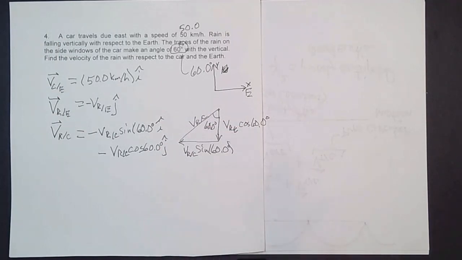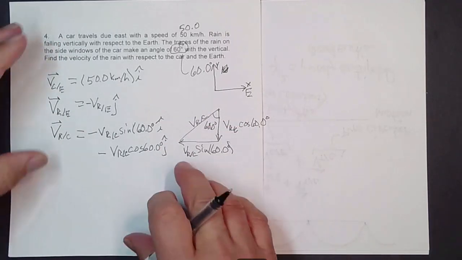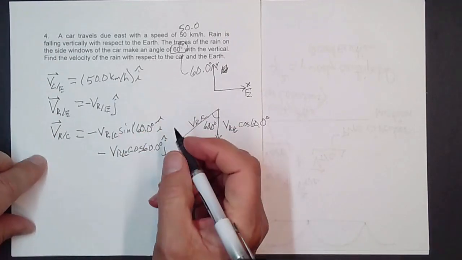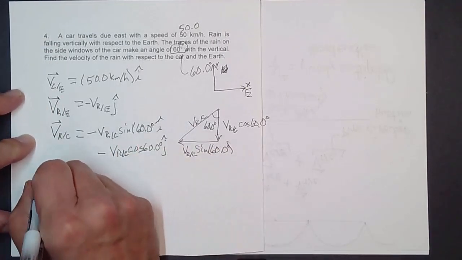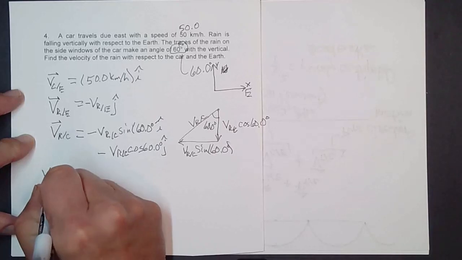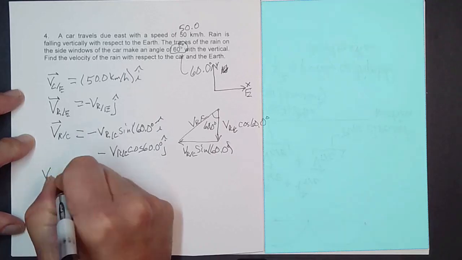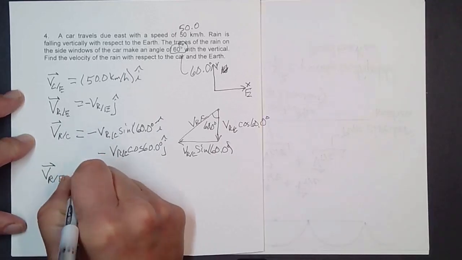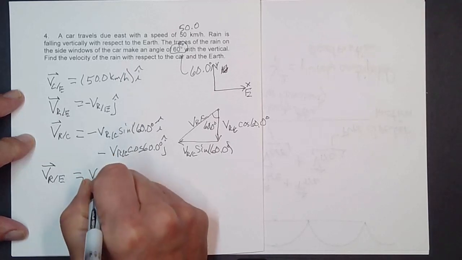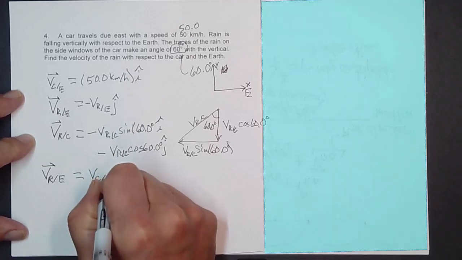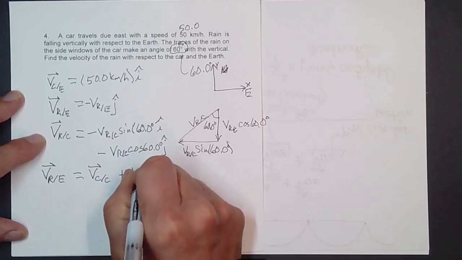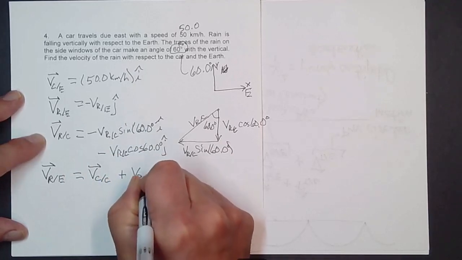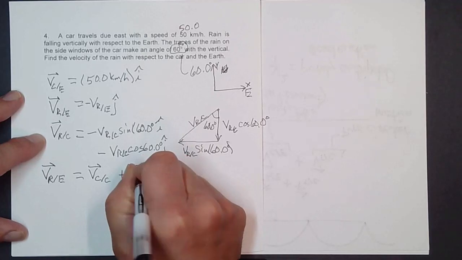Now it turns out some of these are equal to each other, but let's go ahead and write it down. The relative velocity equation would be the velocity of the rain with respect to the earth will equal the velocity of the car with respect to the earth plus the velocity of the rain with respect to the car.